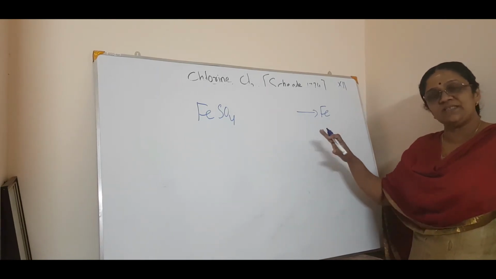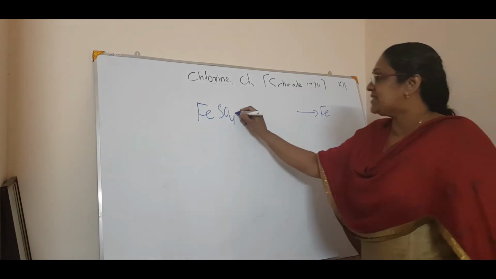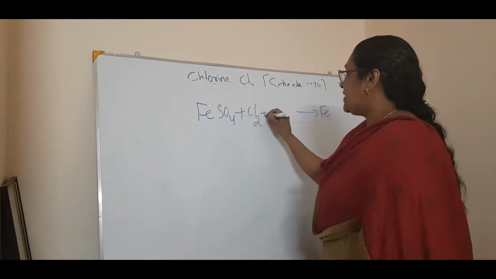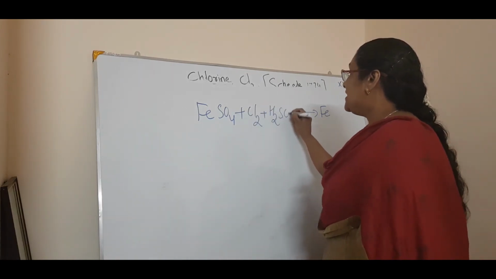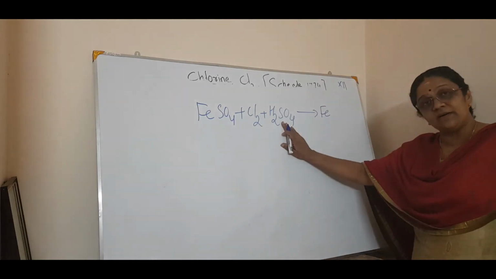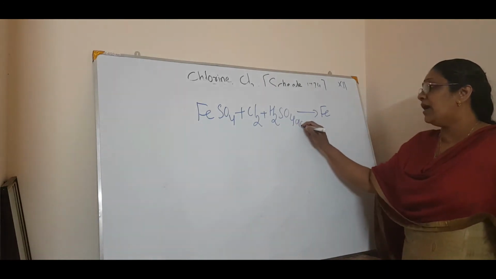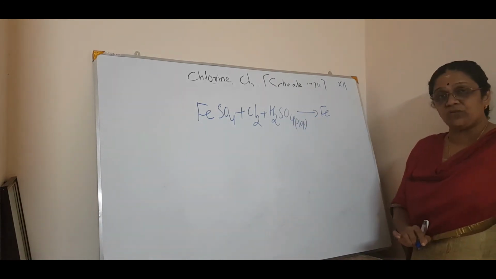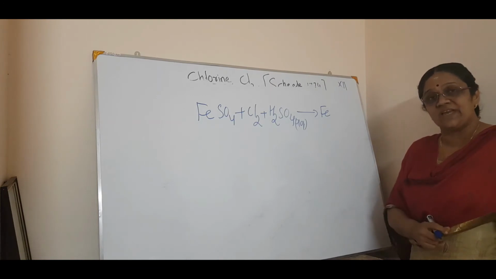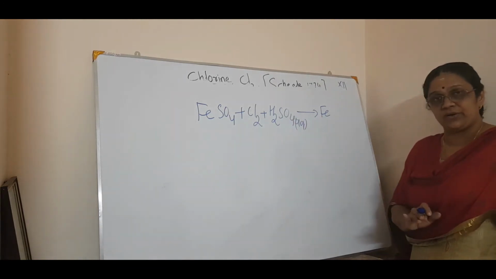Oxidizes means greater oxidation number. So that is ferrous sulfate plus chlorine, here in acidic medium. That is the difference. In this reaction with ferrous sulfate, you will have an aqueous solution of H2SO4, because acidic medium is needed for this reaction. That is why you write H2SO4 plus water, that is aqueous.